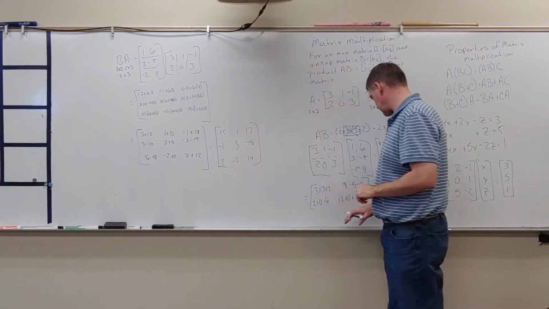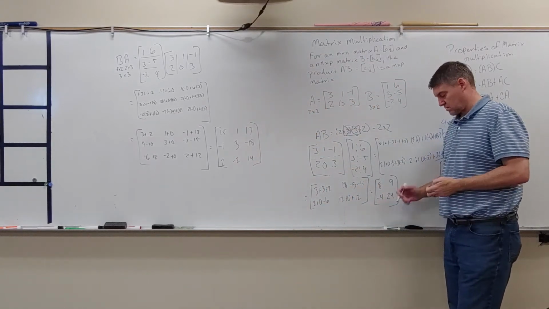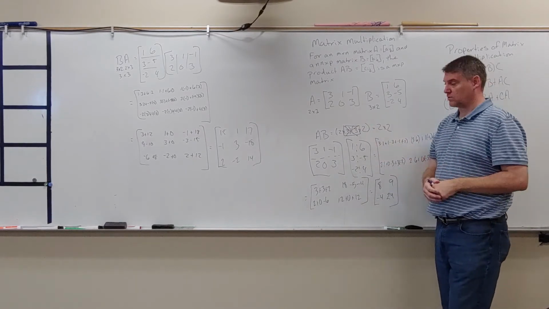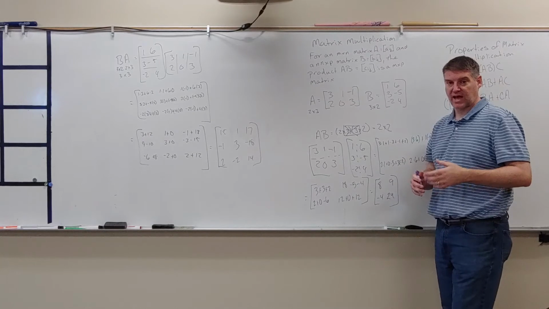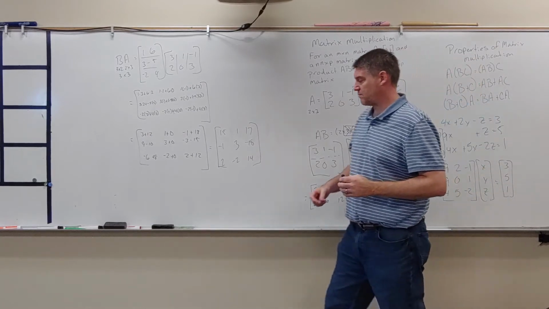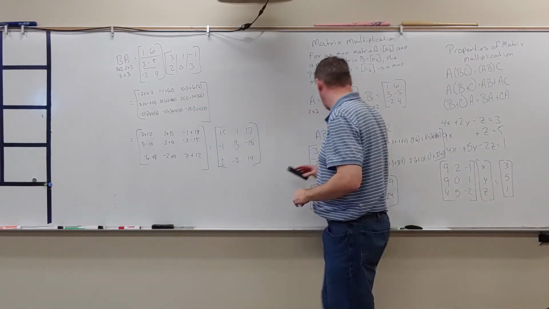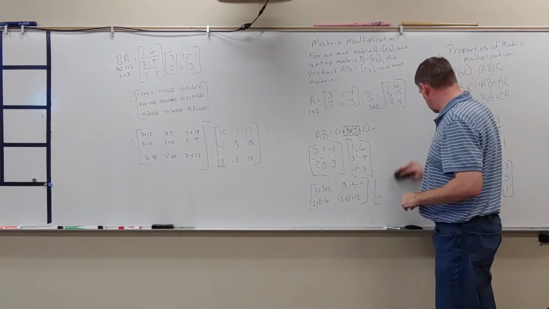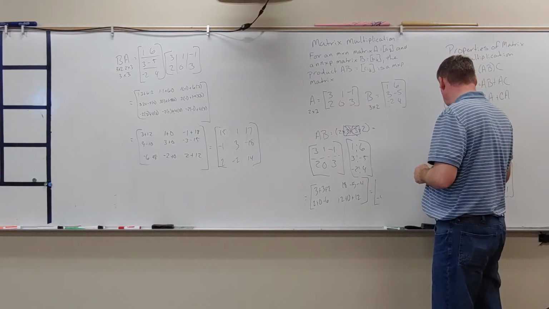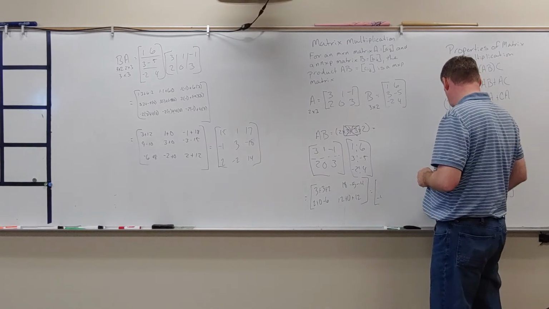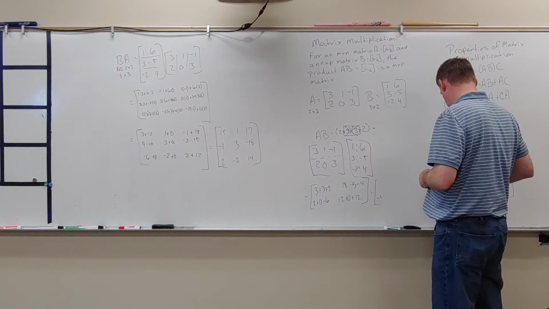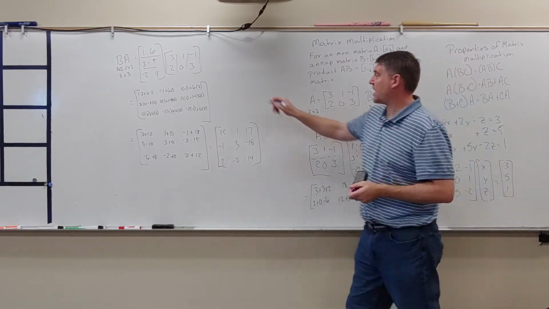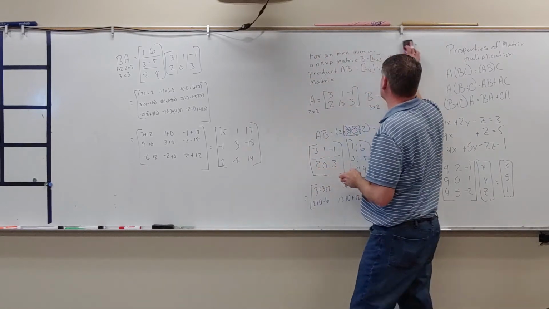This is obviously not the same as this, right? So sometimes you may not even be able to do the matrix multiplication. If I have matrices that don't line up, then I can't do the matrix multiplication. All right. So let's say I have these two matrices.